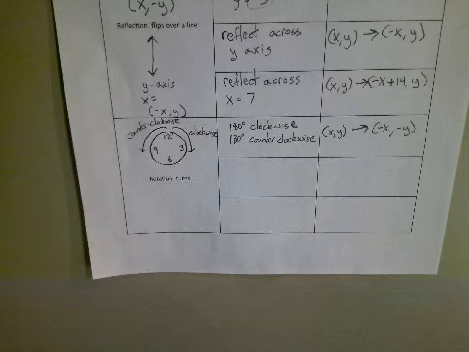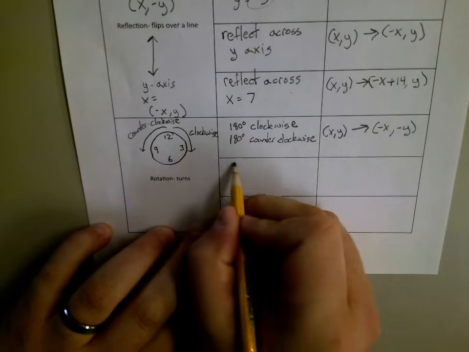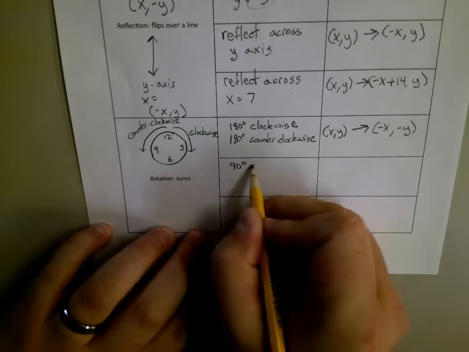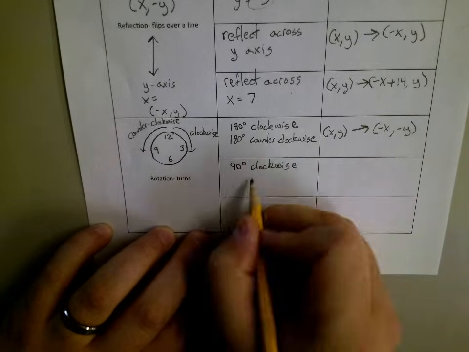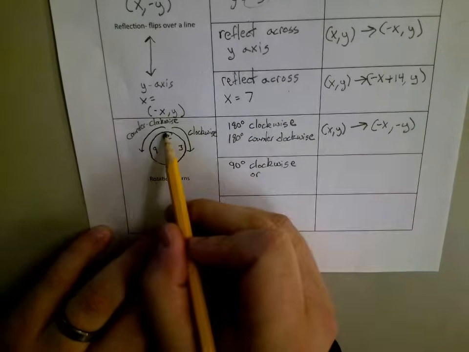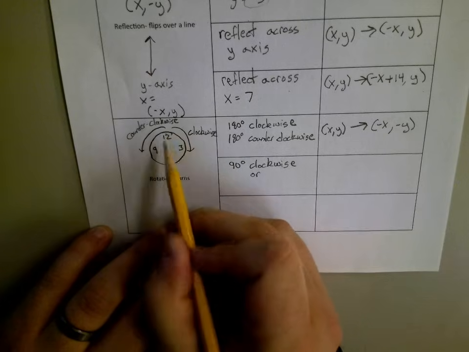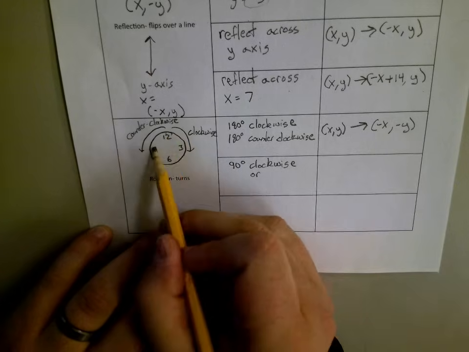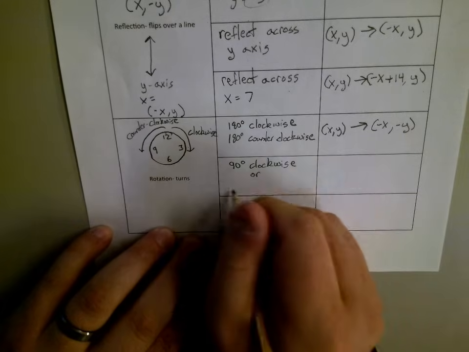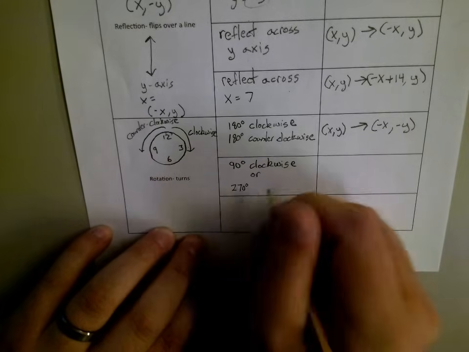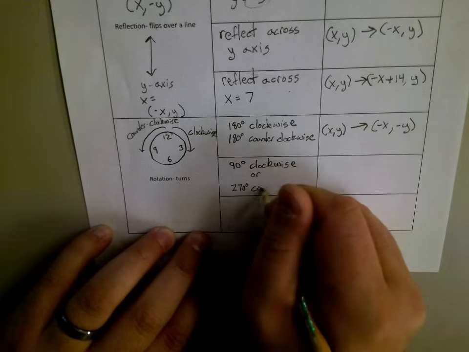All right, then our next one we're going to talk about is 90 degrees clockwise. So 90 degrees clockwise to get to 3. We could also start here and go 90, 180, or 270 counterclockwise. So we'll say 90 degrees clockwise or 270 degrees counterclockwise.